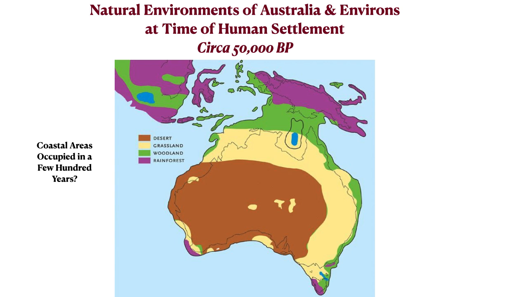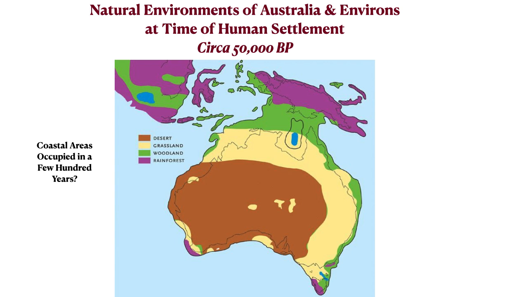the western part of Indonesia was part of the Asian continent, but there were several gaps that would have had to be crossed. Archaeological evidence indicates that within a couple hundred years, at least all of the coastal zone of Australia, of mega Australia, if you will, was occupied by people. So that would have been certainly an expansion of the human range and an expansion of human numbers.